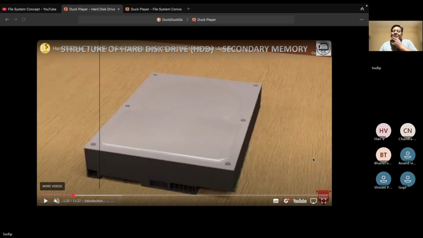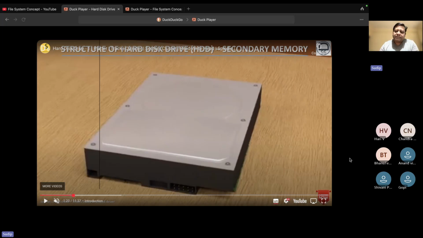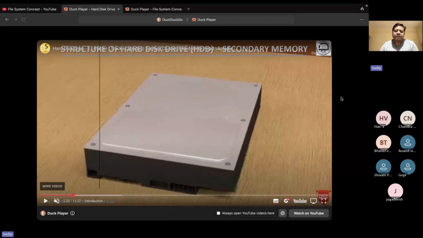So we learned a little bit about hard disks, as to what a hard disk contains internally, but that was more of a physical structure of a hard disk, right?